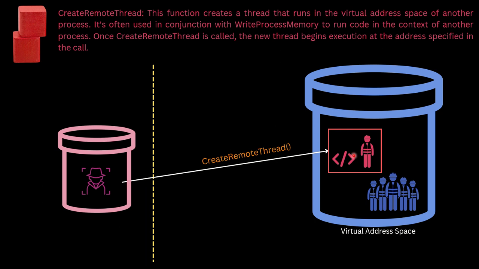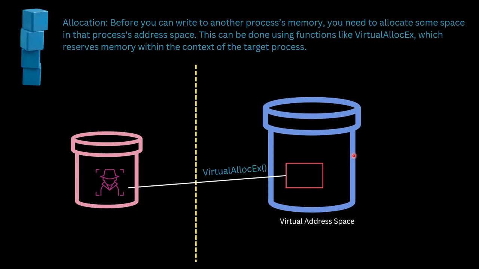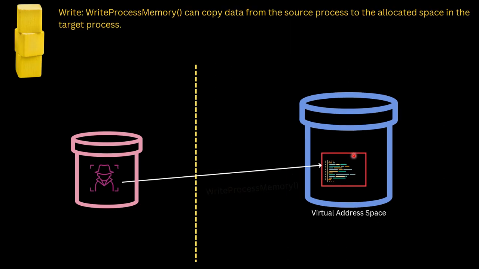That is the reason that in the execution stage you will see variations, like different APIs and different system calls getting abused. But in allocation and writing, these APIs, VirtualAllocEx and WriteProcessMemory, will be common for allocating the space and writing the code.